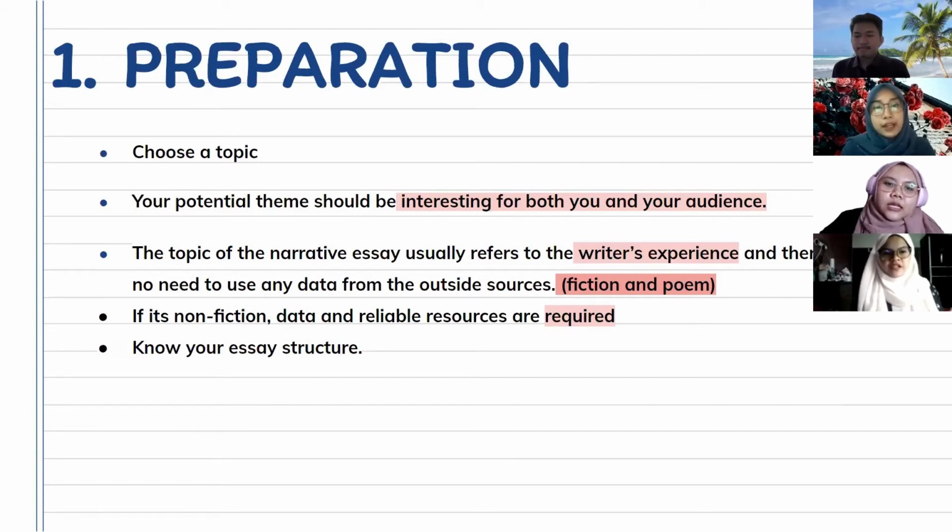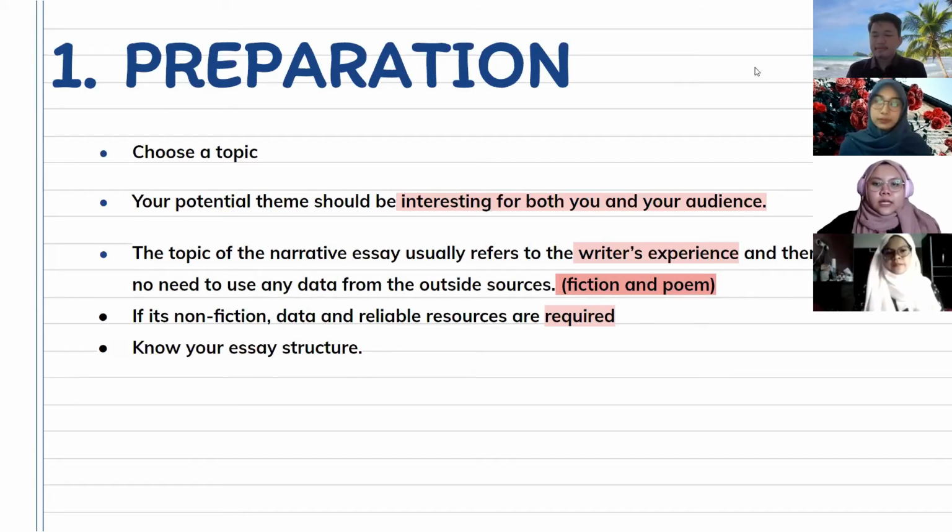Correct. The topic of a narrative essay usually refers to the writer's experience, and there is no need to use any data from outside resources. You have learned there are 3 types of narrative writing, right? Fictional, non-fictional, and poem. For fictional and poem, there is no need to use outside data because it's from your own experience.